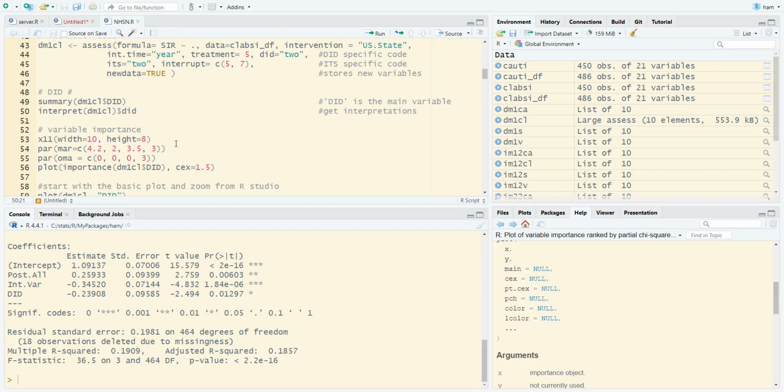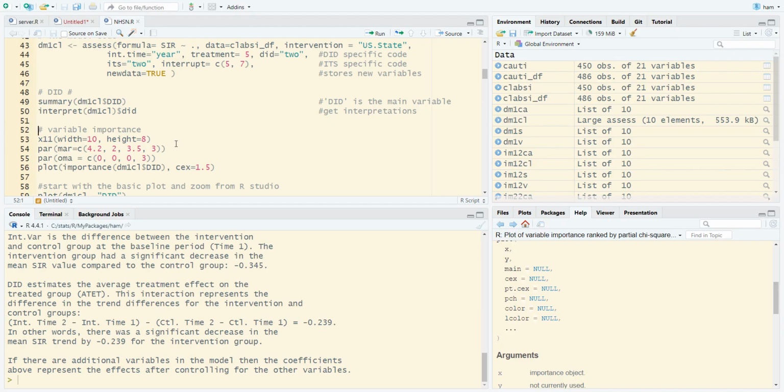And what I have included in the package are interpretations. So we can look at the interpretation for this model. I ran that command. And to run a command in RStudio, you press Control and Enter.